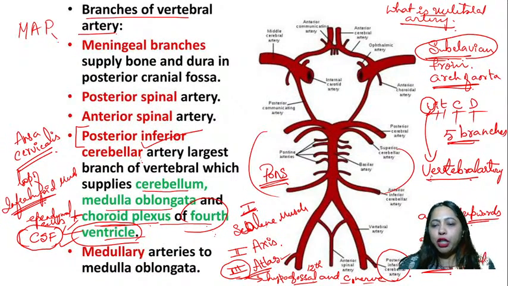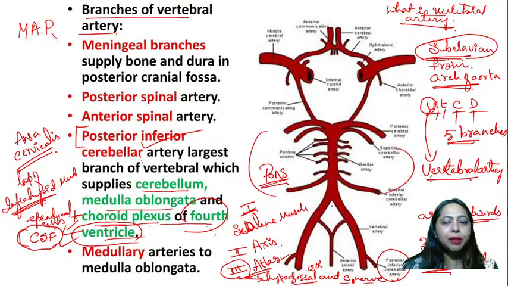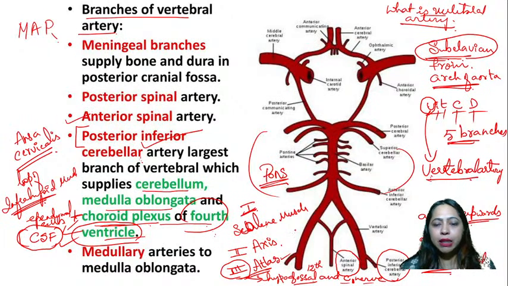So this is what I showed you, that is posterior inferior cerebellar artery. Then you can see that there is one more thing that is descending downwards. What else is descending downwards? You please watch out. That is the anterior spinal artery. You can see this anterior spinal artery is also descending downwards.